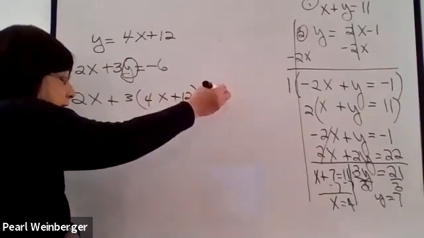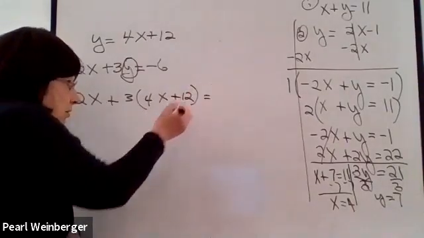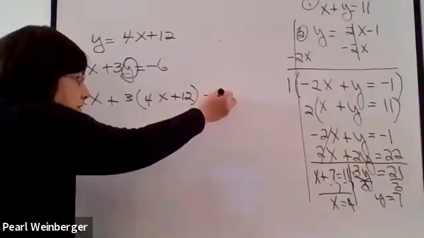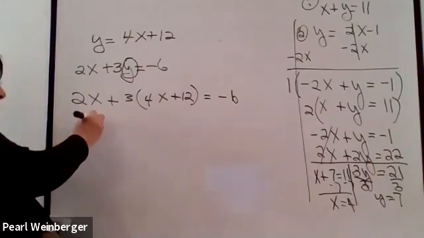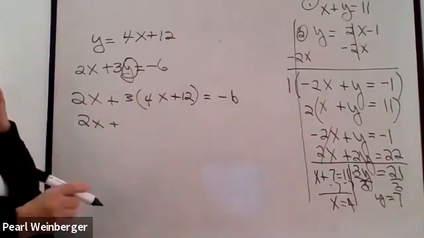And that gives me 12x plus 12, equal to negative 6. Oh, let me, plus 36.